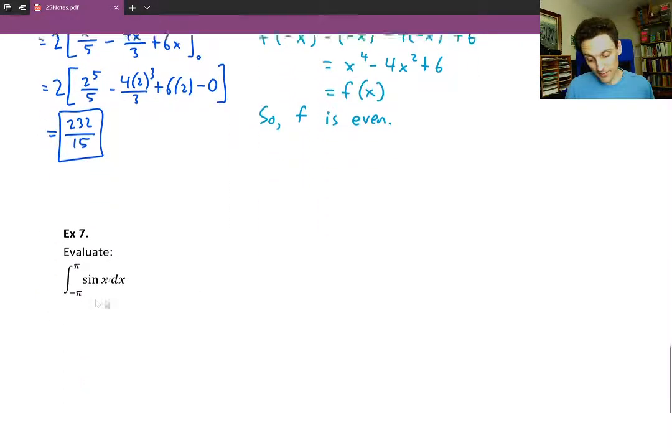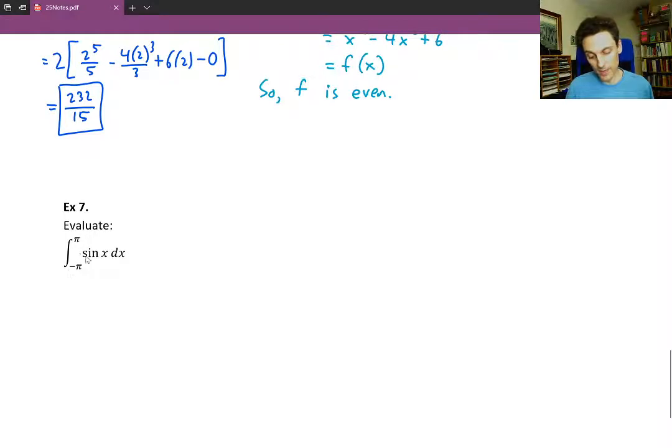Now example 7, we have the integral from negative pi to pi of sine x. So sine x in this case is our little f. We'll plug in negative x into that function. We get sine of negative x. Remember that sine is an odd function.